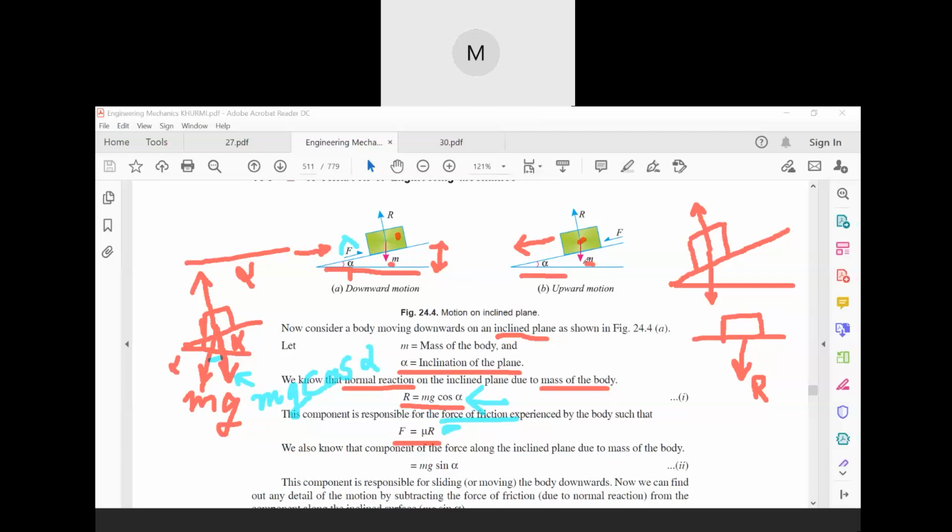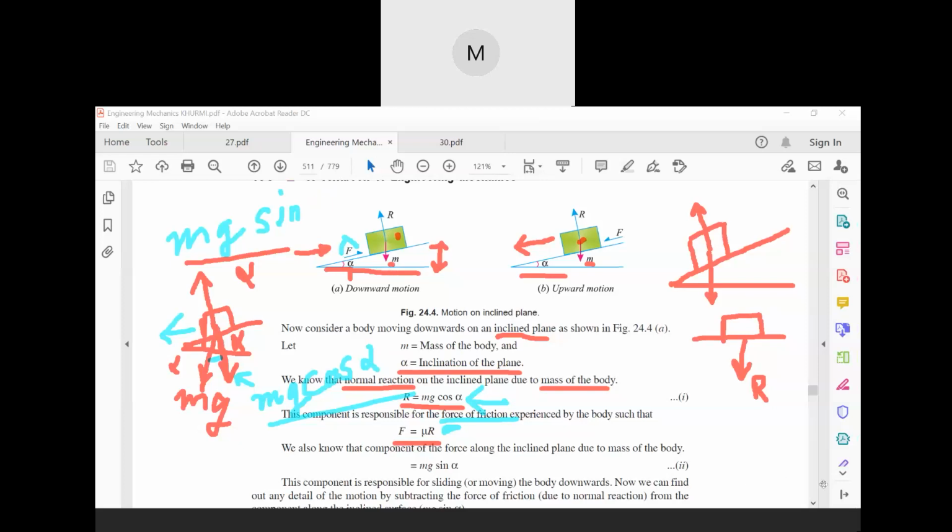Now look, this mg, the gravitational force on the body. If this side is cos theta, then here there will be another component, which is mg sin theta, or maybe mg sin alpha.